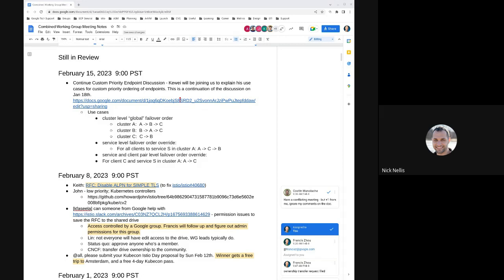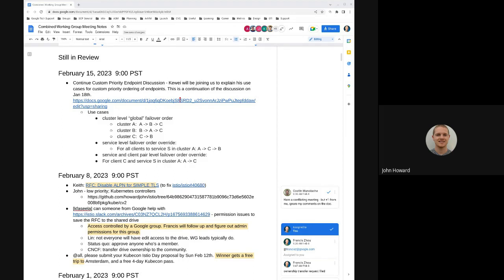Would you be in favor of us creating a new set of APIs in destination rule to support this custom priority failover? Honestly, I think this is very complicated and I'm a bit worried.